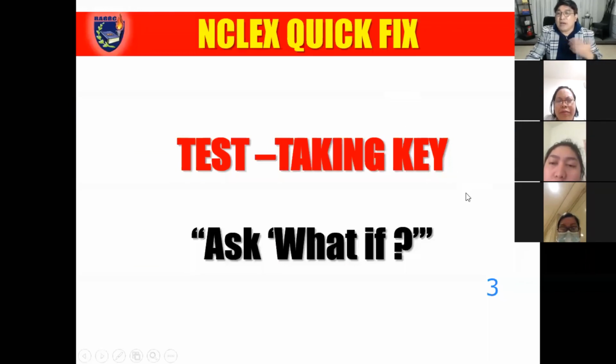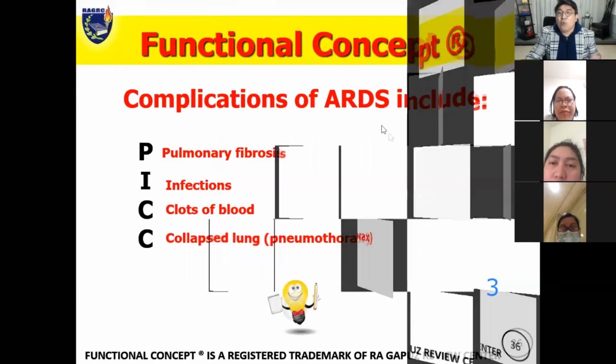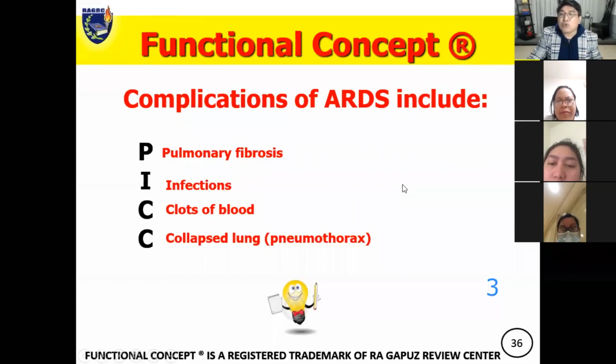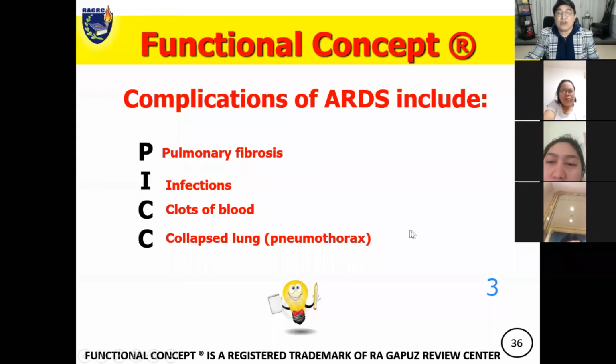What if I will be asked about ventilators? What if I will be asked about complications of ARDS? Remember, PICC. Pulmonary fibrosis results, which means there's going to be damage to the lung tissues that would restrict expansion, so breathing would be difficult. Infections, clots of blood, and of course pneumothorax, or the collapse of the lungs.